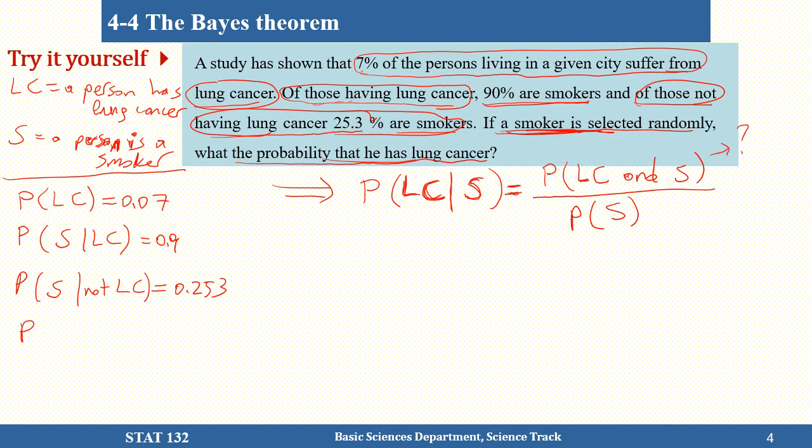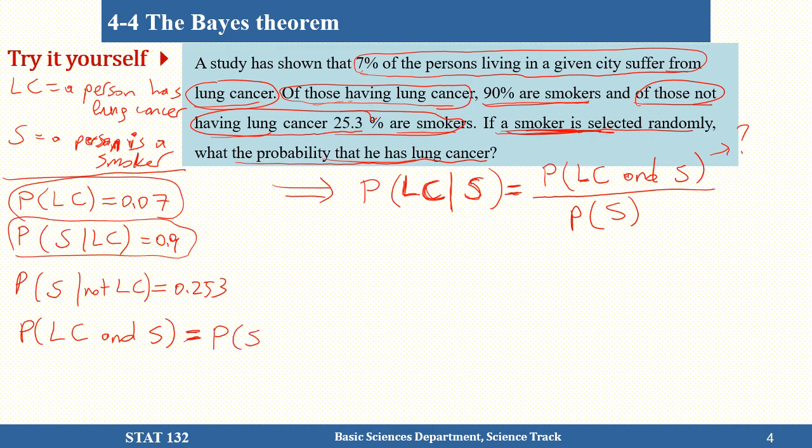Now the question is, how can we find this one? What is the probability that a person has lung cancer and is a smoker? We can write it this way. These two are given. By using the multiplication rule, this is equal to the probability of S given LC times the probability of LC.